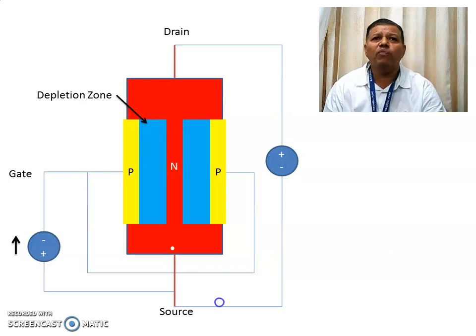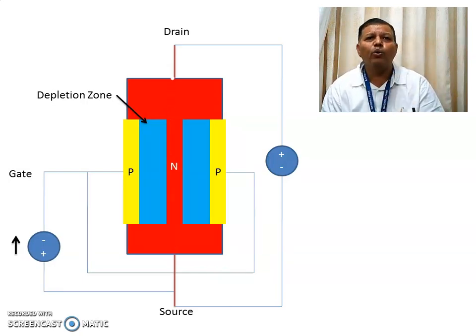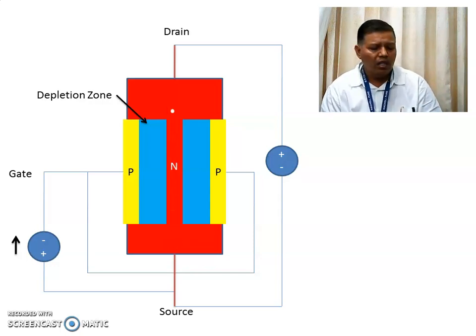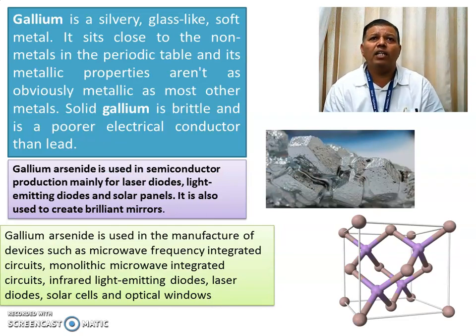If we increase the voltage further, the depletion region increases, and the flow of current is very, very low. Therefore, this type of transistor can be used to control the voltage as well as the current flow. In this way, it can be used in electronic devices.